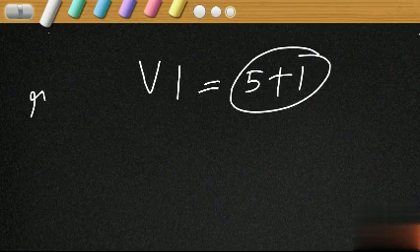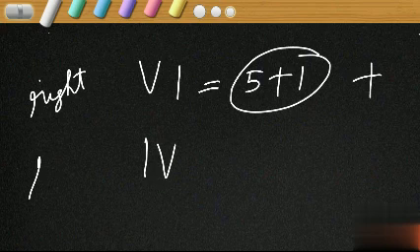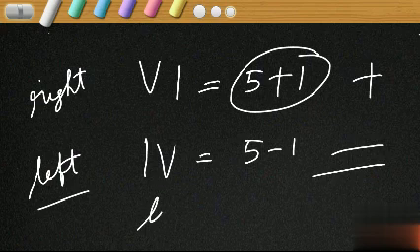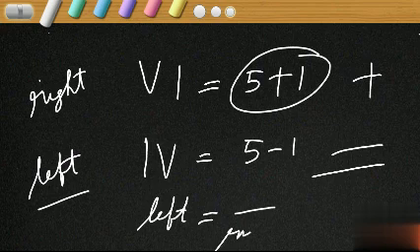Smaller one on the left side means minus, like 5 minus 1. Left side means minus. Right side means plus.